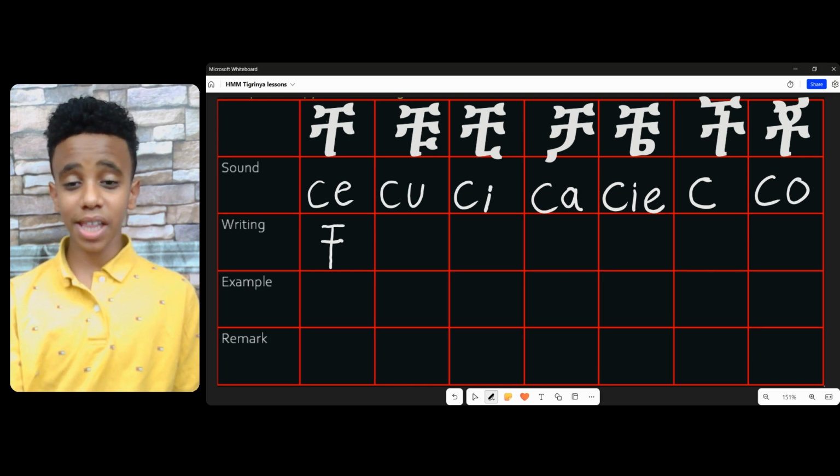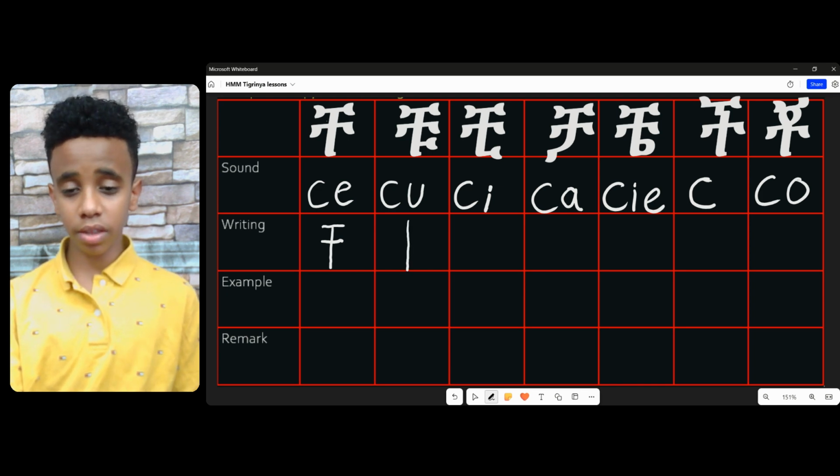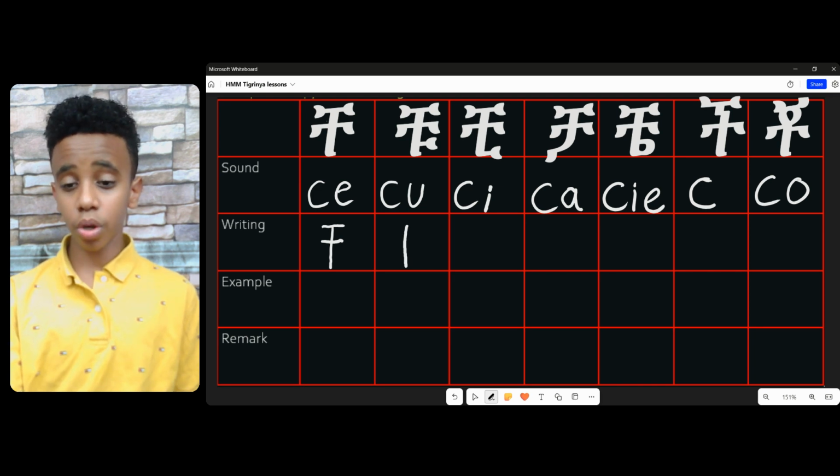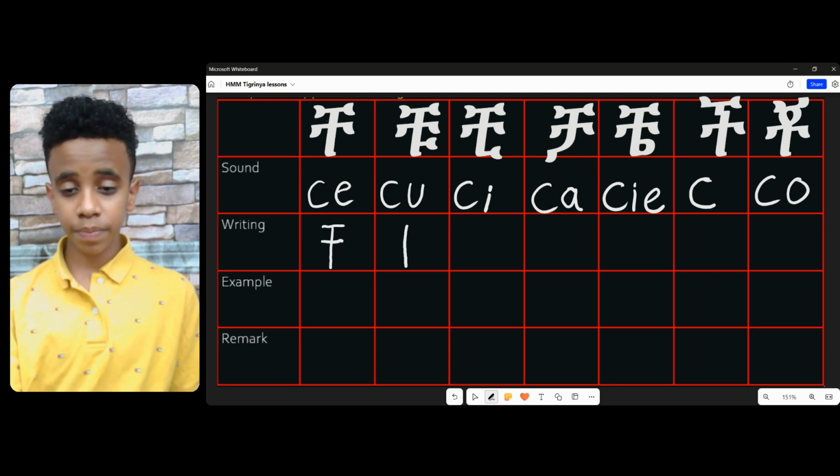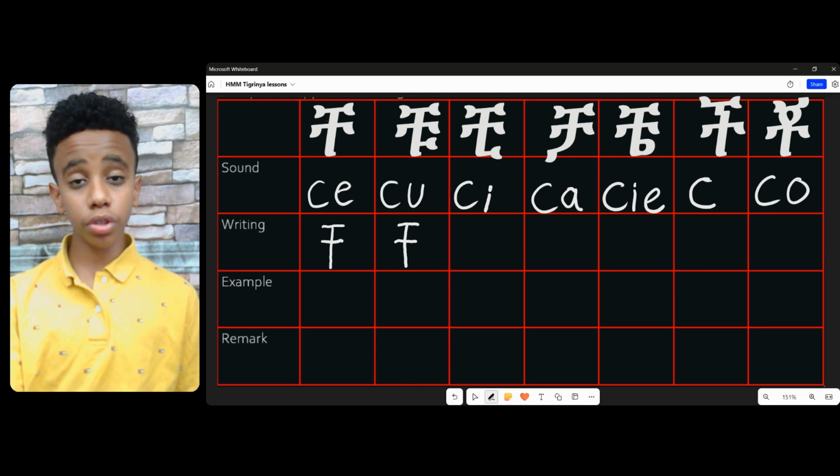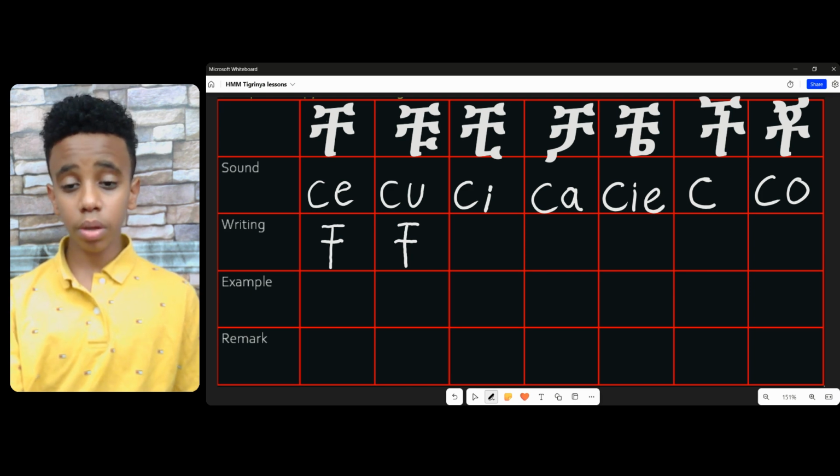Our second letter is the letter chu. You can write the letter chu in Tigrinya by making our first letter, the letter che. Let's make that T, make that hat over that T. And then you will make a nose coming out of the bottom.